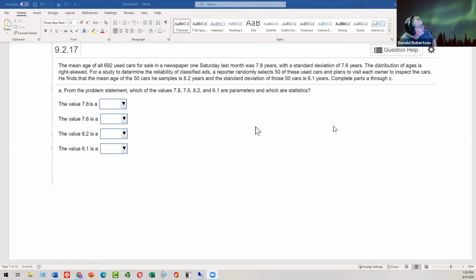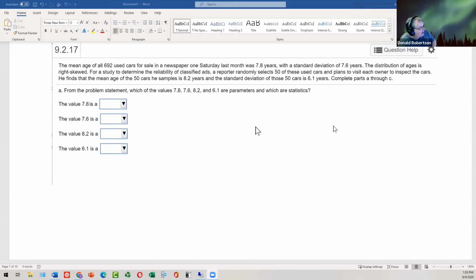For a study to determine the reliability of classified ads, a reporter randomly selected 50 of these cars and visited the owners and finds that the mean age of the 50 cars was actually 8.2 and the standard deviation of these 50 cars was 6.1. And then we go through a whole set of things.